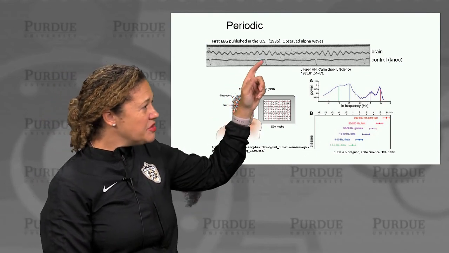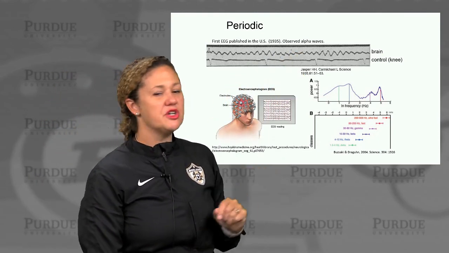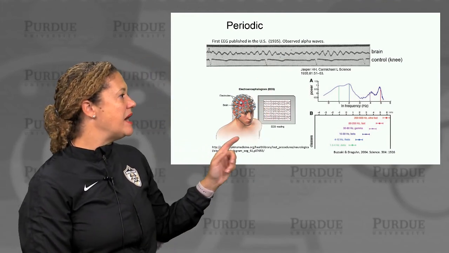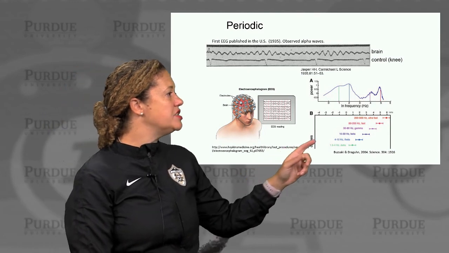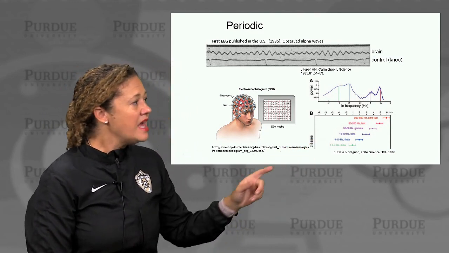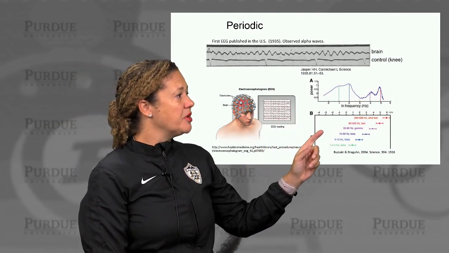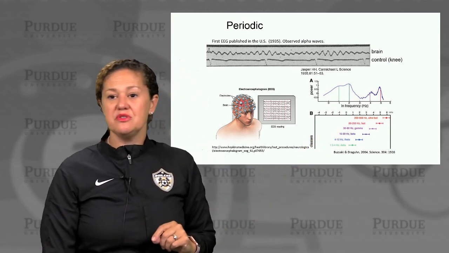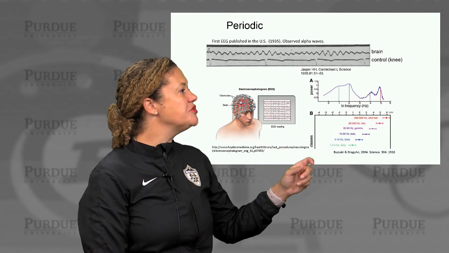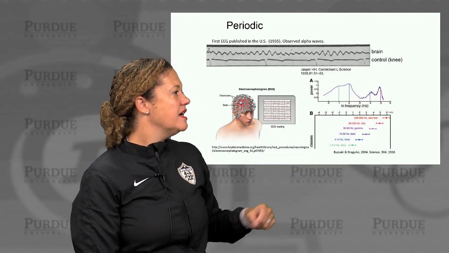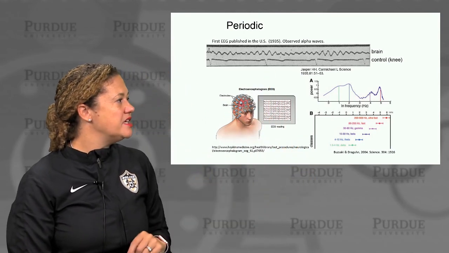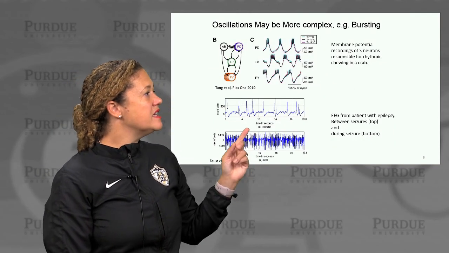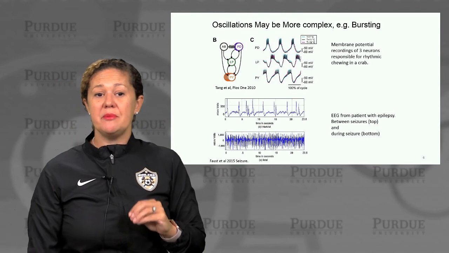And in certain regions and conditions, you can observe these nice oscillations in the EEG that are defined by their frequency. And there's a range of frequencies observed in the brain that range from very ultra fast, from 200 to 600 hertz, down to much slower rhythms, including these alpha waves that we see here.